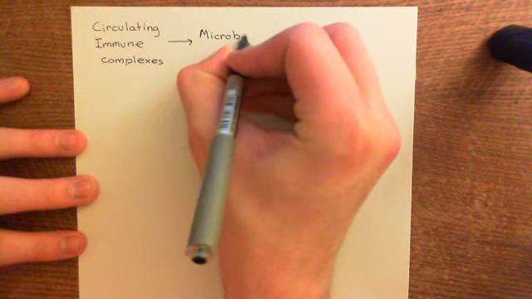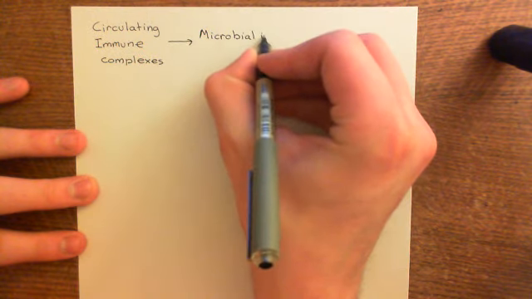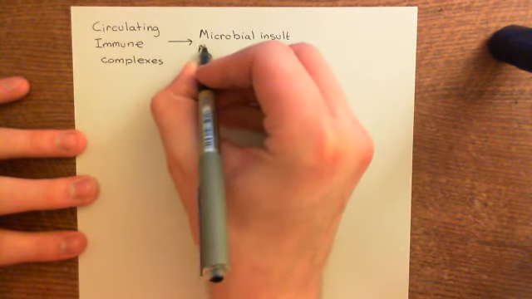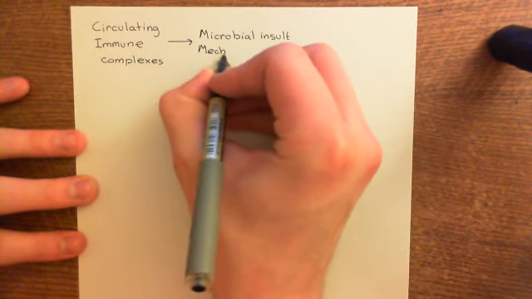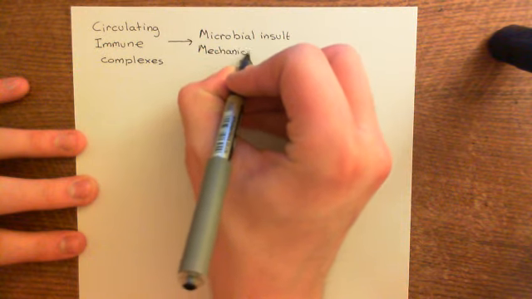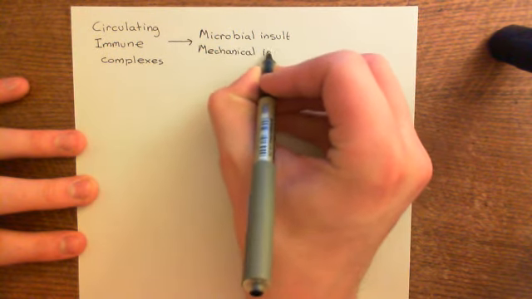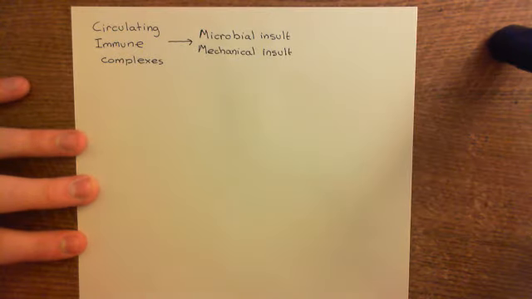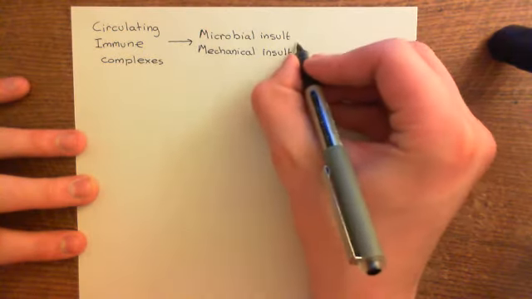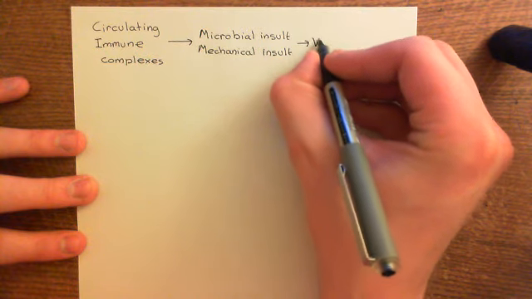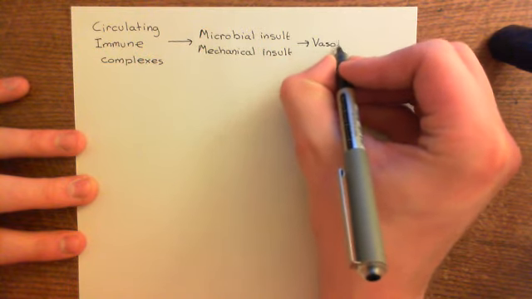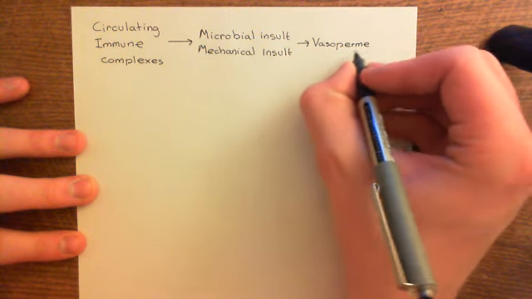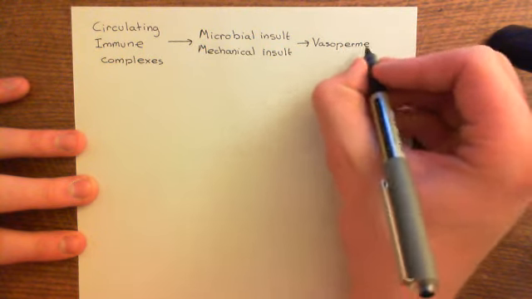Potentially you get a small infection, or you may well just get a little mechanical damage to the joint. Now, what this will lead to is a tiny increase in the vascular permeability. So vasopermeability may go up a little bit, and this may well allow immune complexes to leave the blood and go into the interstitial fluid.